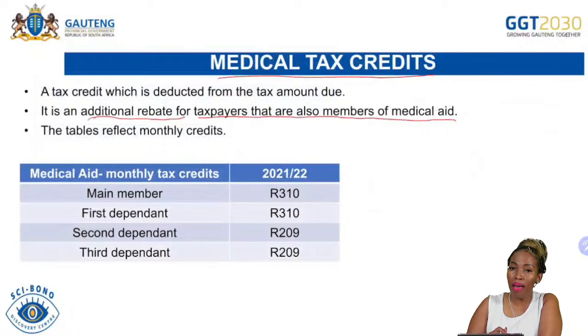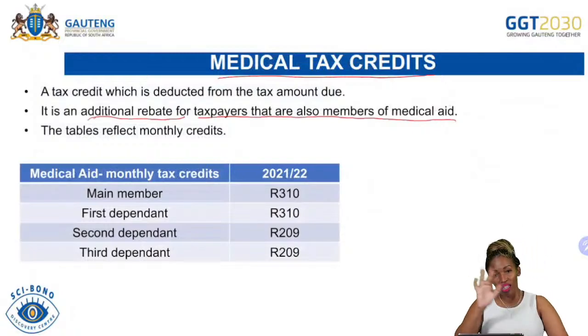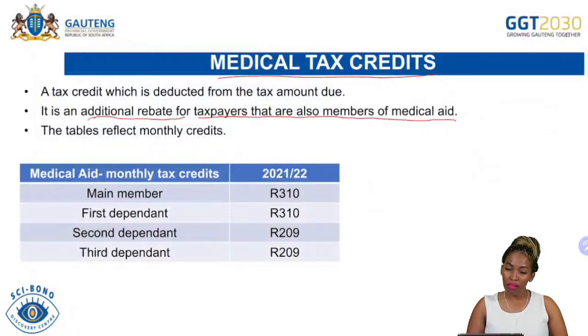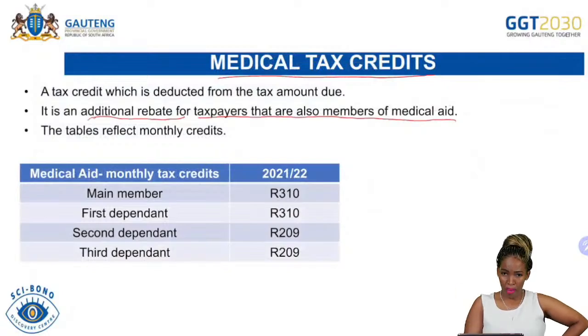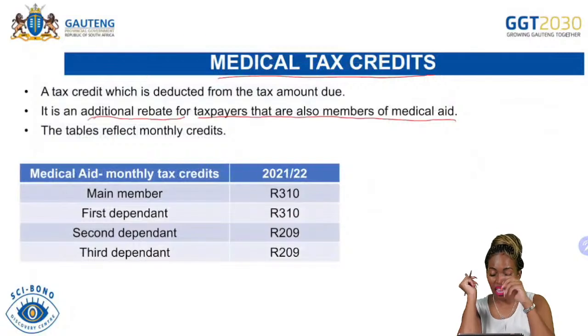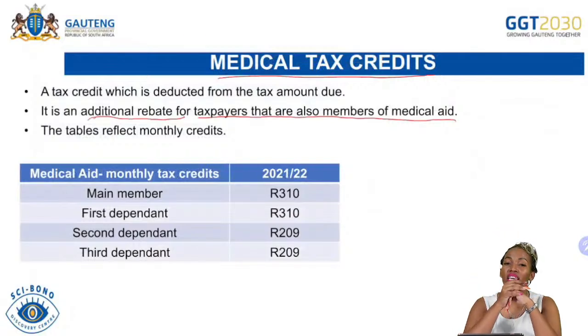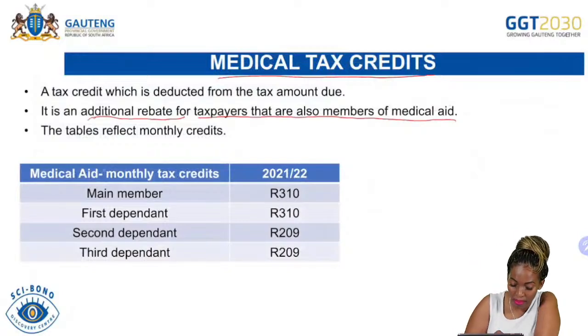And remember, I said with income tax, all the amounts in the tables are in the annual format. Well, except this one. The table for medical aid is in the monthly format. It is written here that these are the monthly tax credits. So if you see this amount here, it is per month.